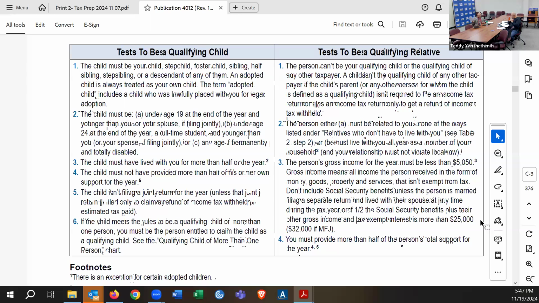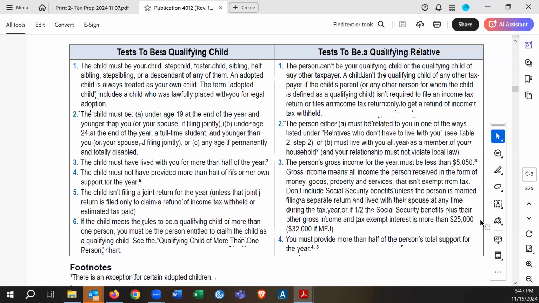If that figure is less than $25,000, then we can ignore Social Security benefits. Gotcha. Okay, so we ignore his Social Security benefits, and if we ignore them, does he pass the gross income test? Yes.